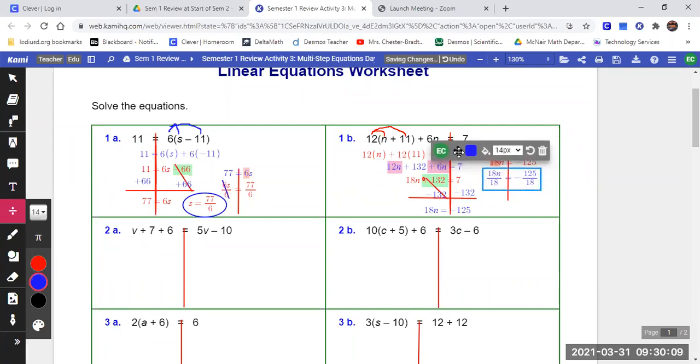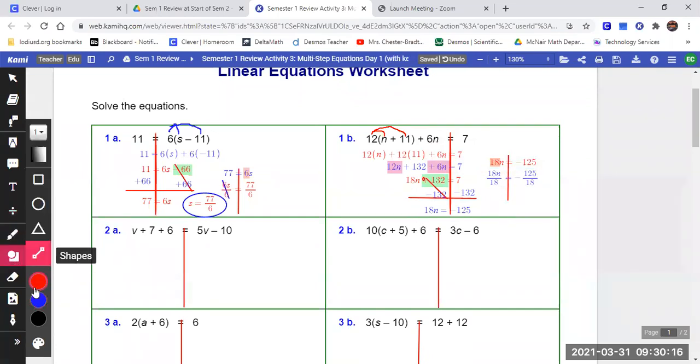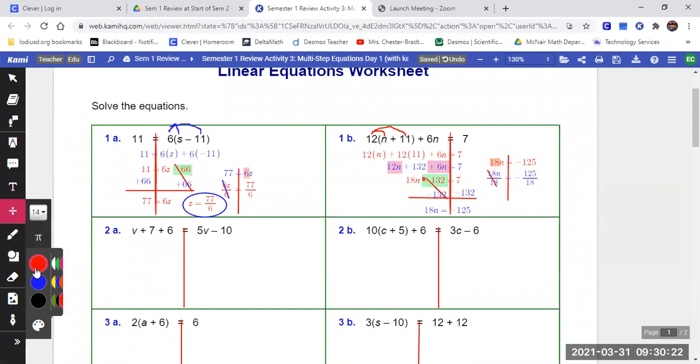No. So we are done. We just have to write our answer and circle it. We have big 1'd out this 18. And the final answer is just going to say n equals negative 125 divided by 18.